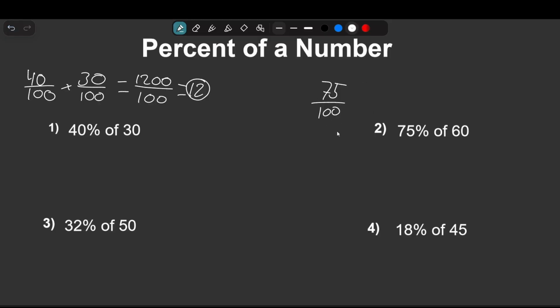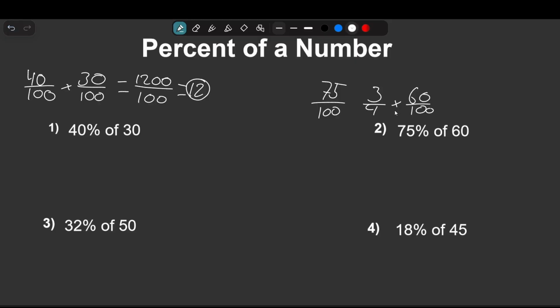I know that this is 3/4. So the simpler version of this will be 3/4. Now we can multiply this by 60. As you can see, this will be way easier, because if we would have done 75 times 60, we would get a very, very big number.